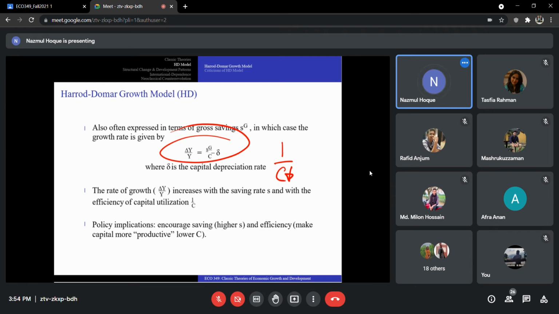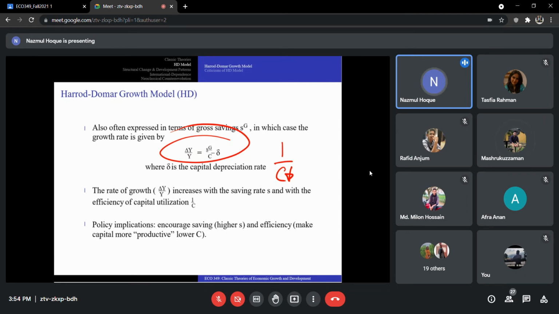Okay, so you are saving a certain fraction of output, but at the same time there is also some type of savings because your capital equipment is losing value, right? So that's kind of part of your saving, right?